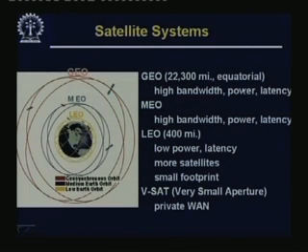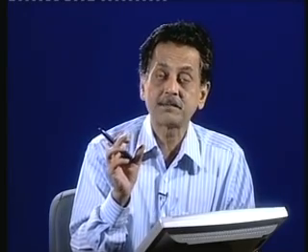You see, the point is that when you are trying to communicate with some satellite which is very far away, then your transmitter has to be strong enough so that the signal reaches the satellite, all right. And if the transmitter power has to be large, then you require a lot of power.